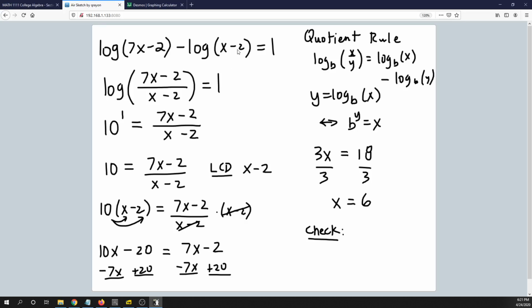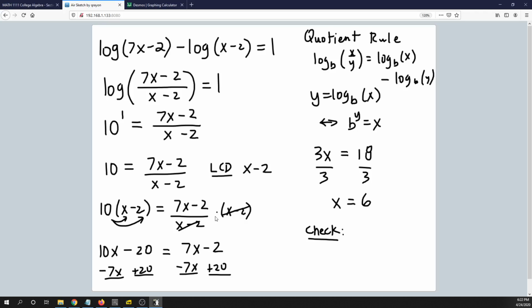So if you did everything perfectly, that means that the 6 is a solution of this equation. The other thing you would have to check is when I plug a 6 into the LCD, what do I get? I get 6 minus 2 is 4, and so that's non-zero.